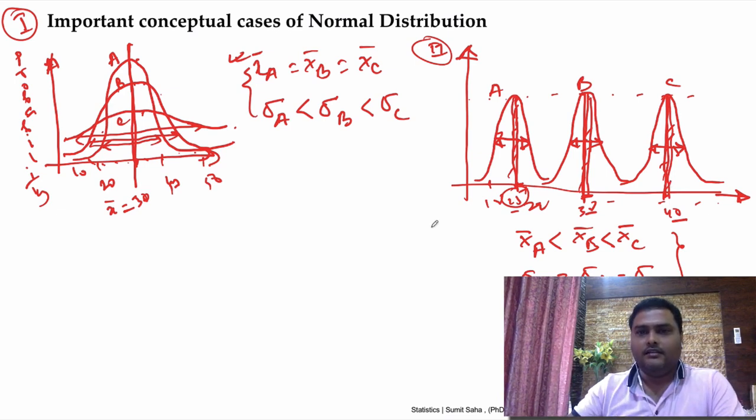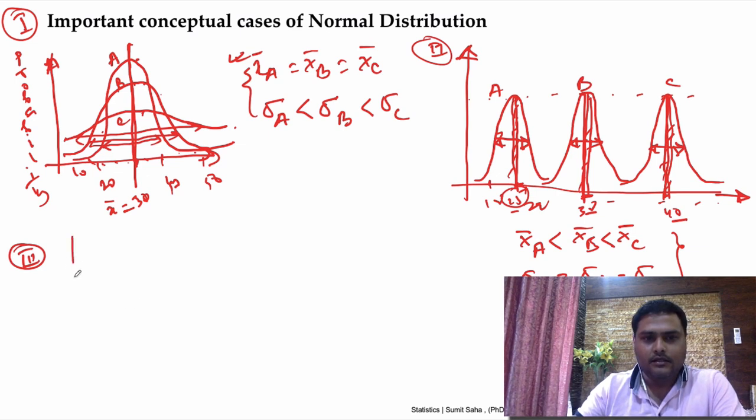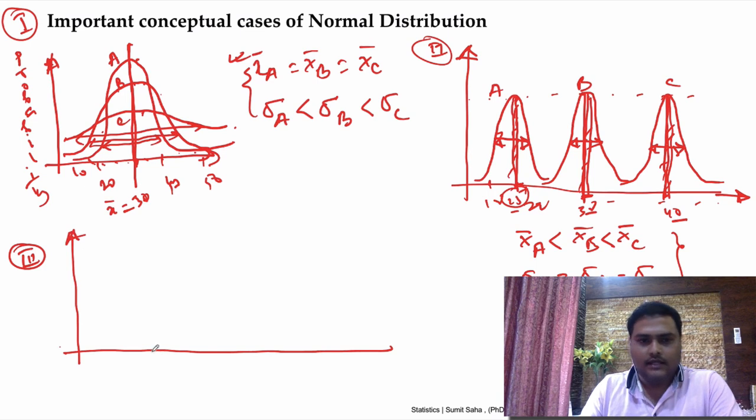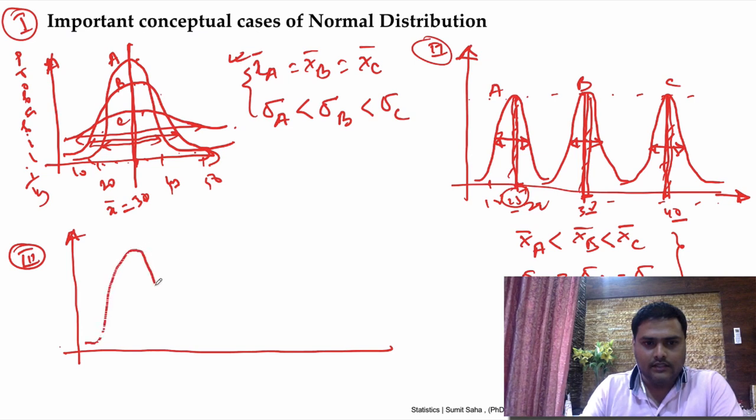Let's consider figure 3. So this is figure 1, figure 2, and let me consider figure 3. Let me draw a figure like this, and you can tell me what could be the relationship between the average values and the standard deviation values of curve A, curve B and curve C. So the curves are drawn like this, correct?